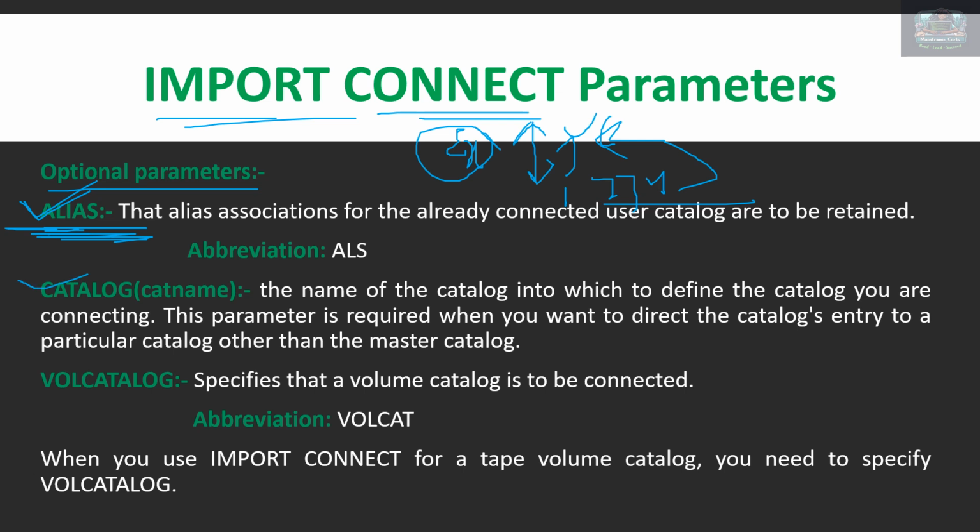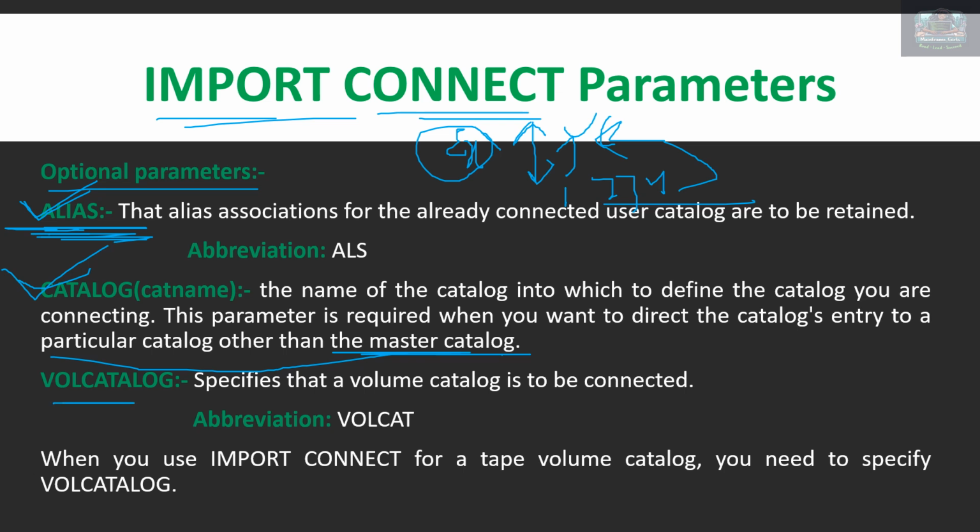Okay, this CATALOG parameter you use mostly when you are connecting your catalog to a catalog other than the master catalog. It is the name of the catalog into which you define the catalog you are connecting. The parameter is required when you want the catalog's entry in a particular catalog other than the master catalog. So at that time you specify this CATALOG parameter. Suppose some of the aliases you want to be mapped to this catalog.